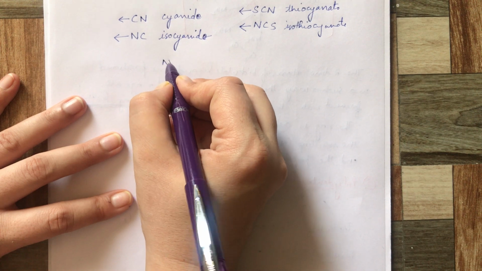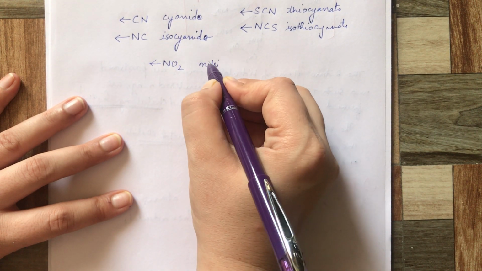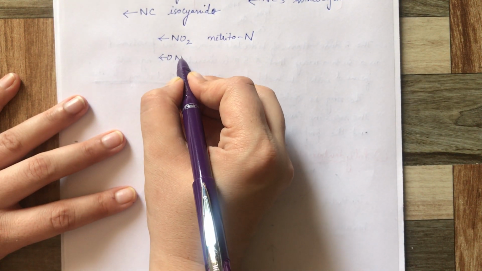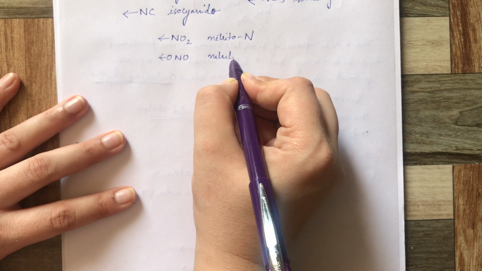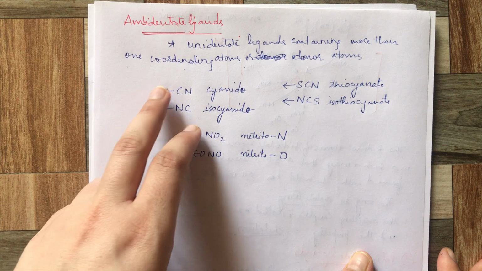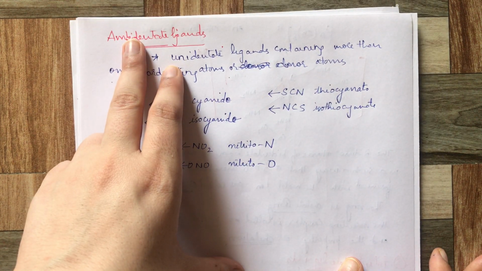Now if we have NO2, if it binds through N, it is called nitrito-N, and if it binds through oxygen, it is called nitrito-O. But at one time they can only form a bond with one donor atom. So these are the ambidentate ligands.